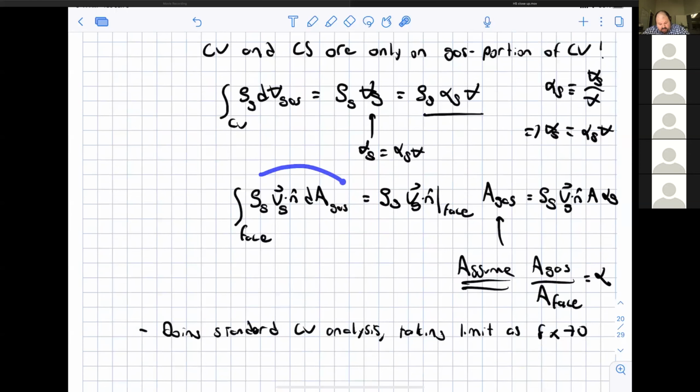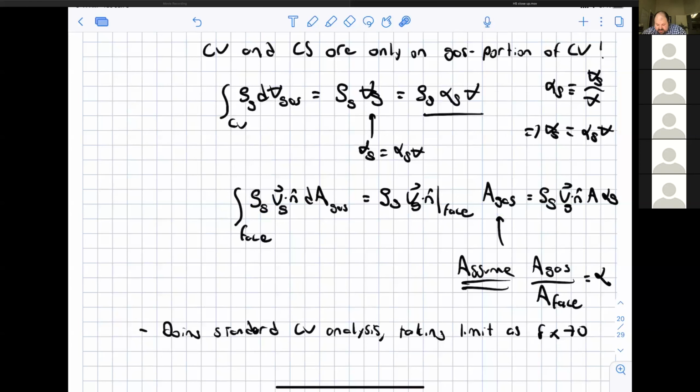And so if we're going to integrate over the area of a face of our control volume, we have the integral of rho g Vg dot n hat dA. And again, this is just for the gas phase portion. And so this is just like what you did in undergrad fluid mechanics, where you have rho g V dot n at the face times the flow area.